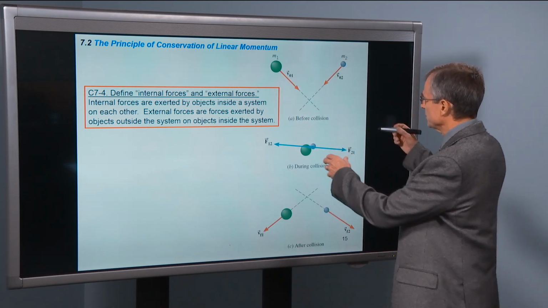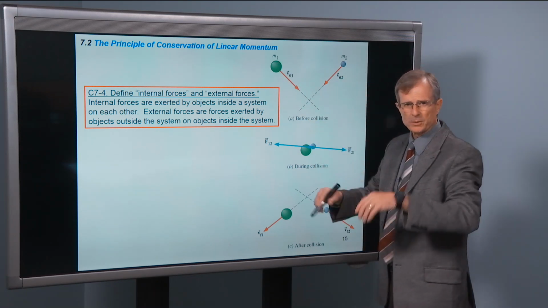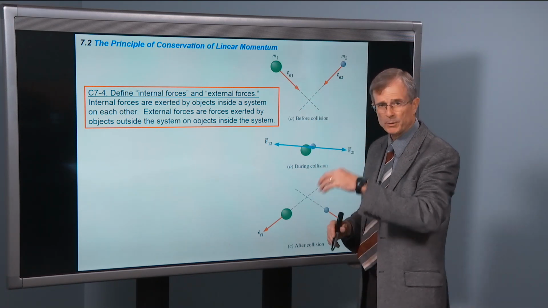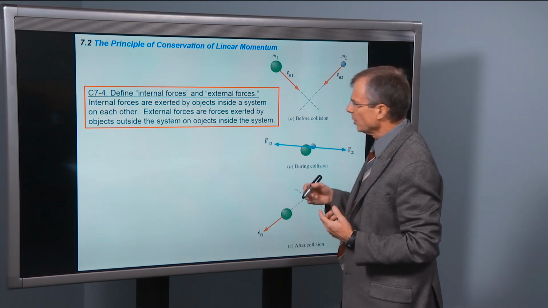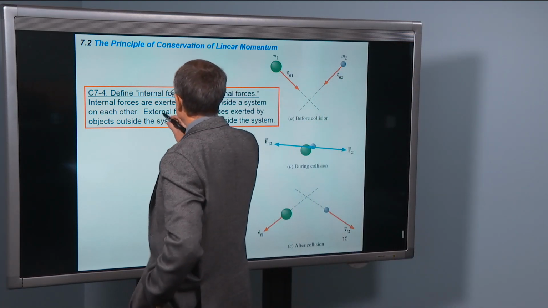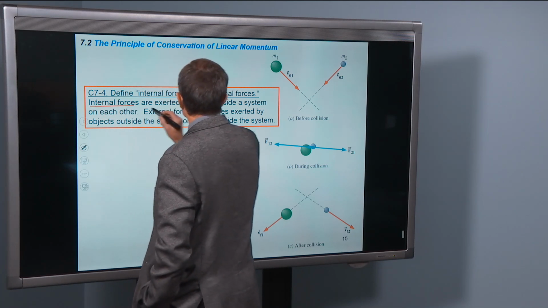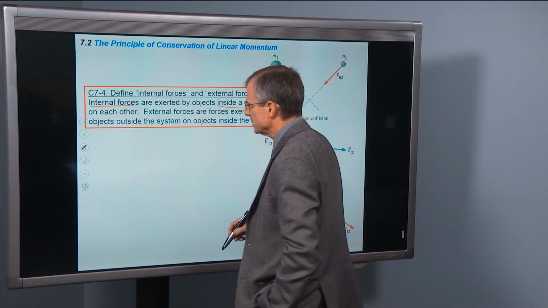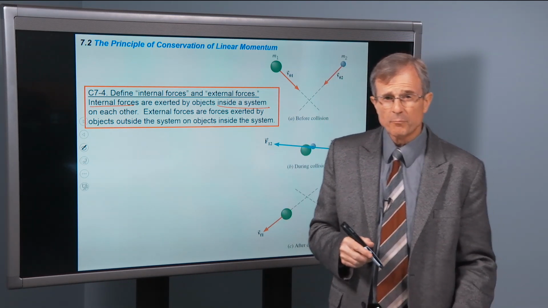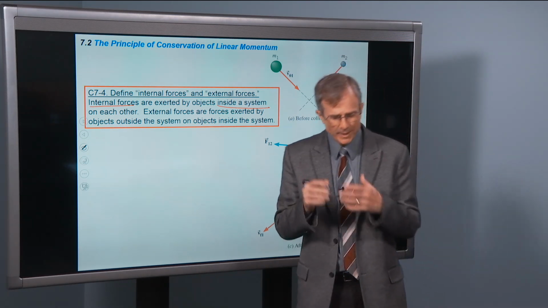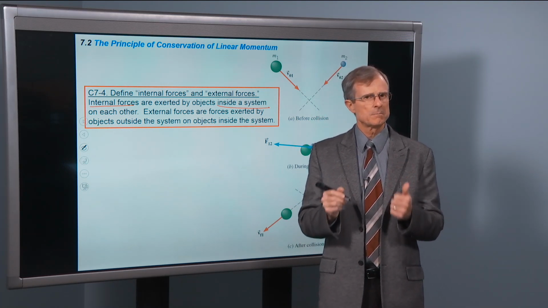So if we have a collision with two billiard balls or any two objects, the baseball with the bat or any of those types of things, the internal forces are exerted by objects that are inside a system and on each other. Now, in this section, it's going to be very important for us to, in each case, decide what the system is.